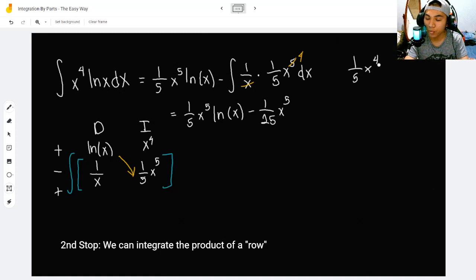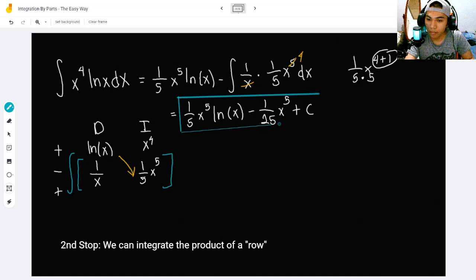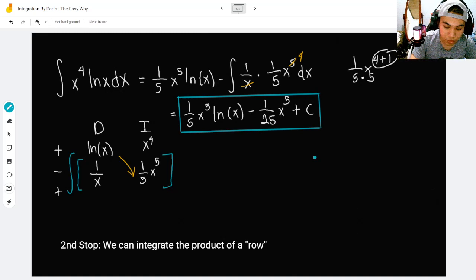Okay, so we add 1 to this power, and then we multiply this by 5 by whatever is in here. Alright, so hence we have the answer. And don't forget the plus c. All right. Now, so that is our second step.